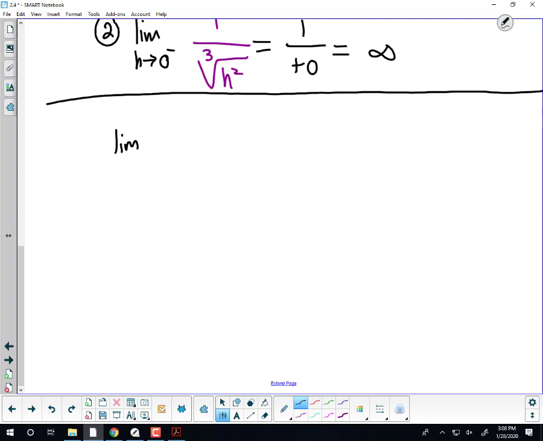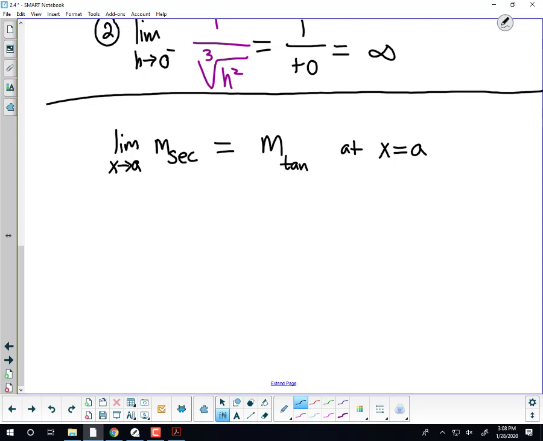If I compute the limit, we'll just use x. Here we're using h, but it doesn't matter. If I compute a limit on the slope of a secant line, it's going to give me the slope of the tangent line at x equals a.